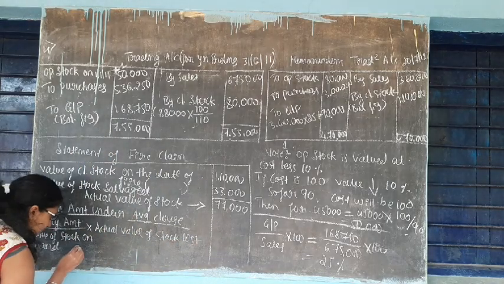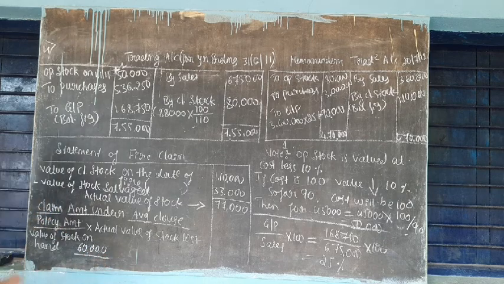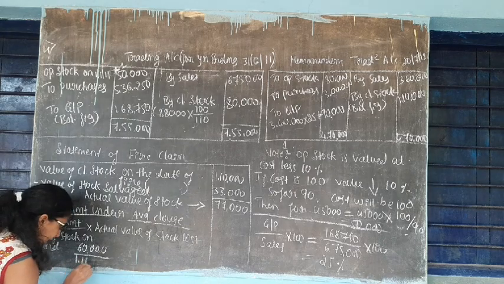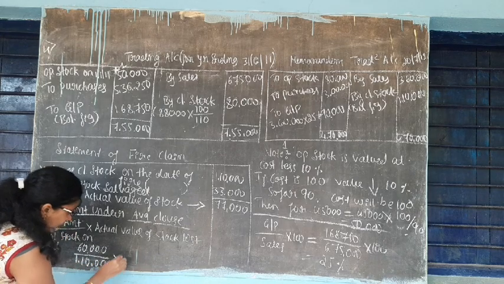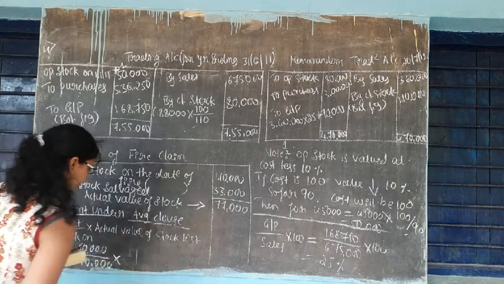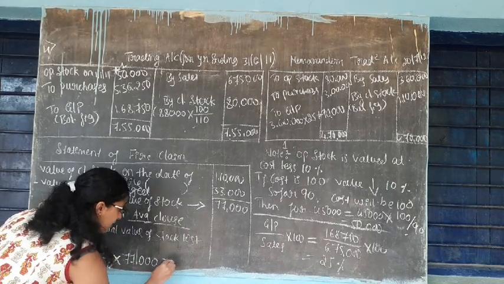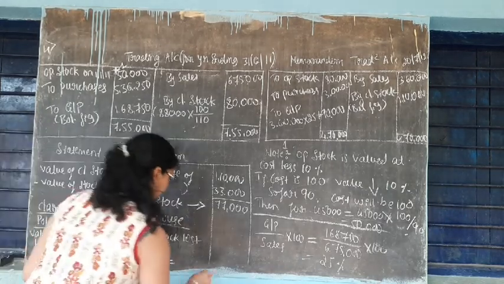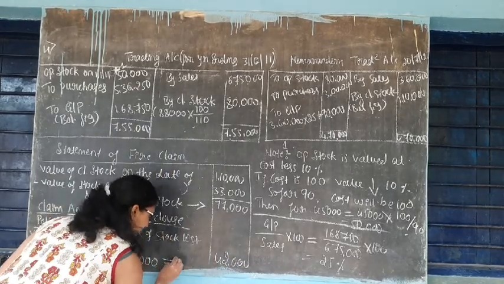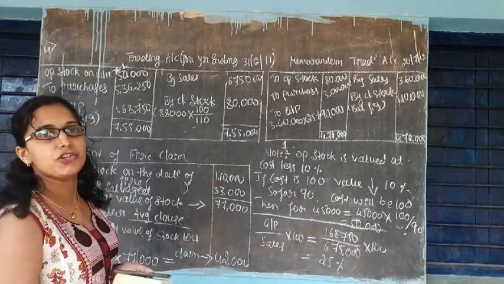So, they have taken the policy for 60,000 rupees. Value of stock in hand is 1,10,000 at that time. Less salvage stock, remaining is 77,000. So you will get 42,000 rupees as a claim amount. So this amount will be claimed by insurance company.